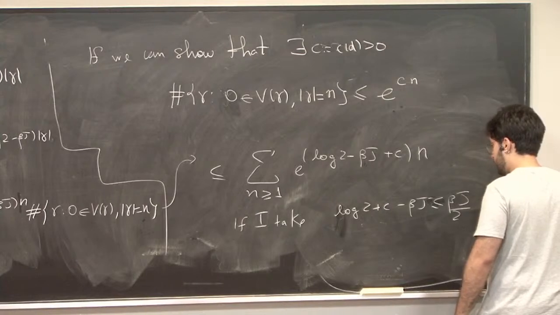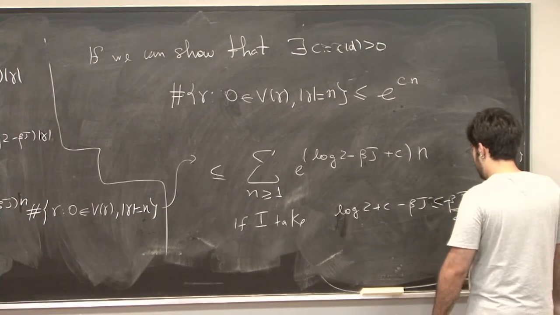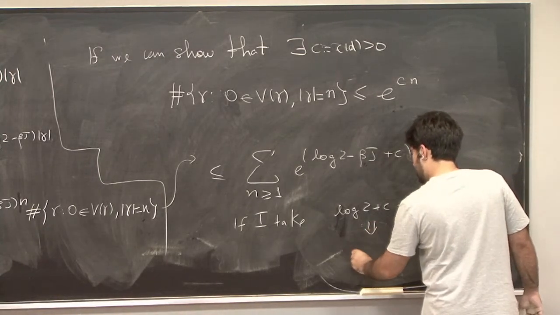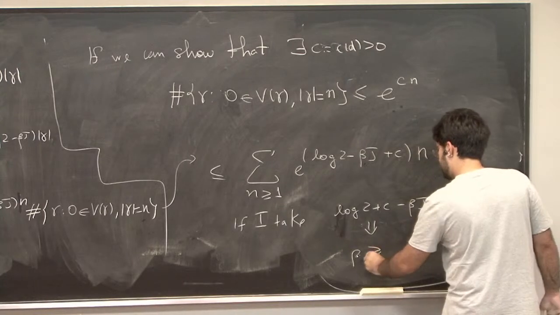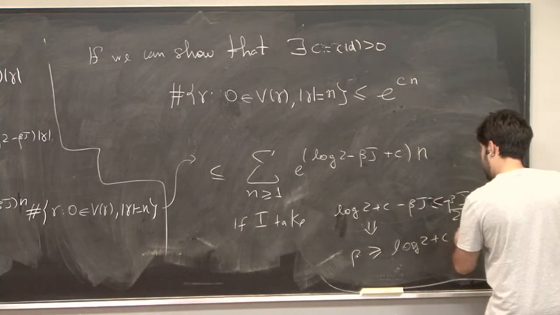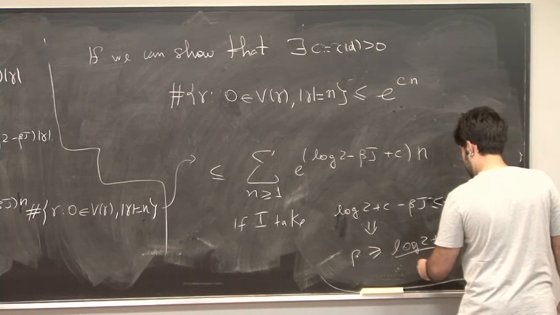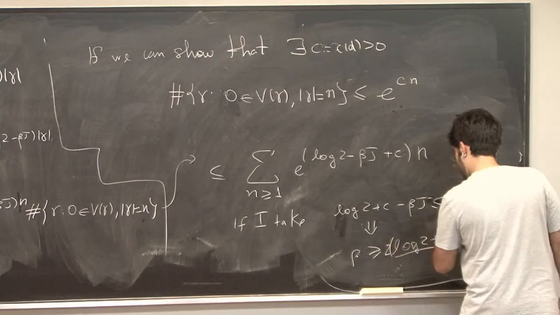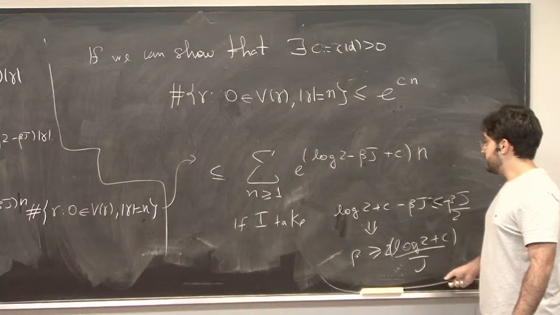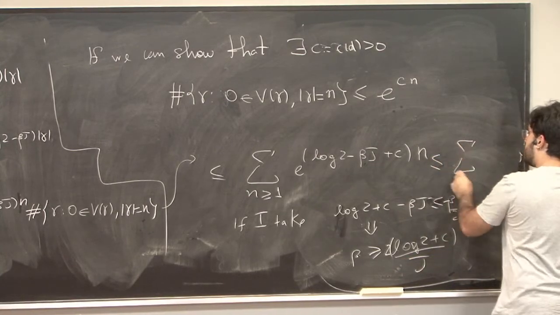So what this imposes is that beta would need to be larger than log 2 plus c, times 2 over j. So if beta is larger than this quantity right here, this means that this series will be less than a geometric series.